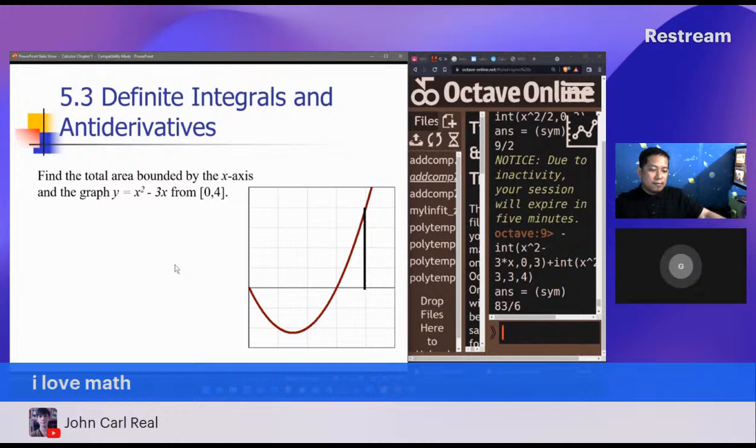Bali, sir, yung 0 to 3 po, di ba po negative po yung sign nun? Oh, yes. Tapos yung kabila po, positive na po siya. Positive na, from 3 to 4. Positive area na siya.